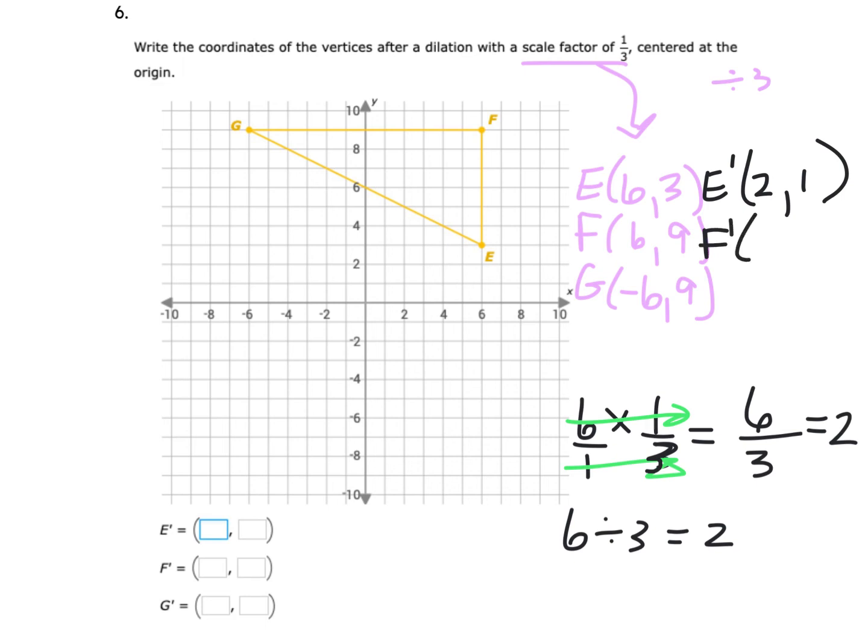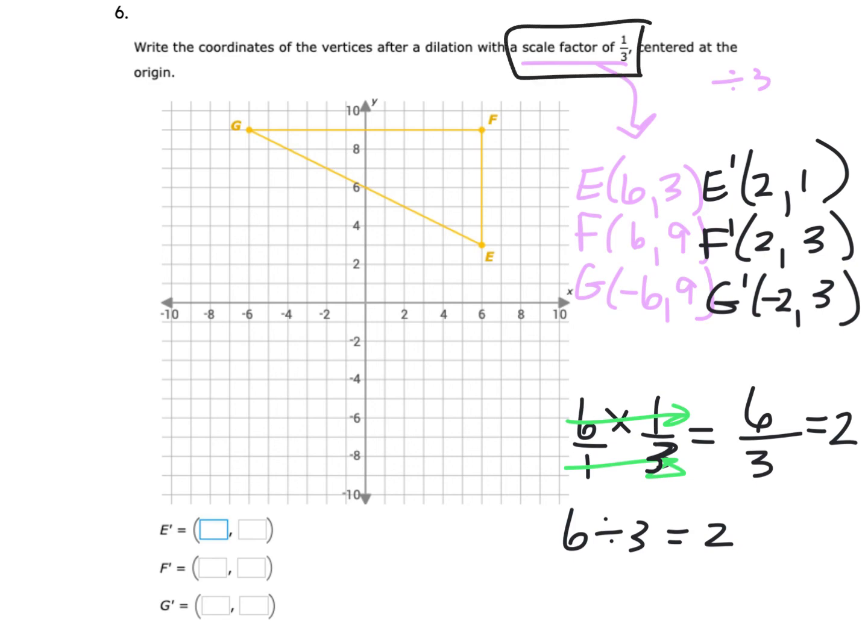Okay, so F prime, 6 divided by 3 is 2, 9 divided by 3 is 3, and G prime, -6 divided by 3 is -2, and 9 divided by 3 is 3. Okay, or multiply each one by 1/3. It's really your preference. Now we're going to go ahead and plot that.